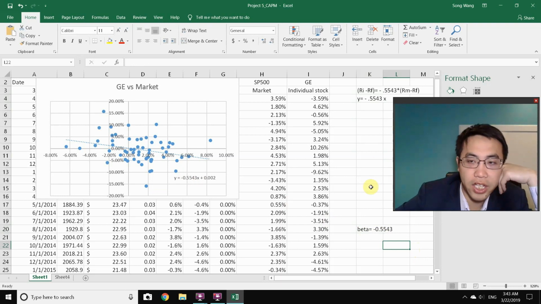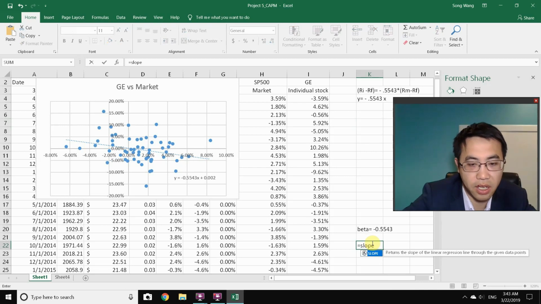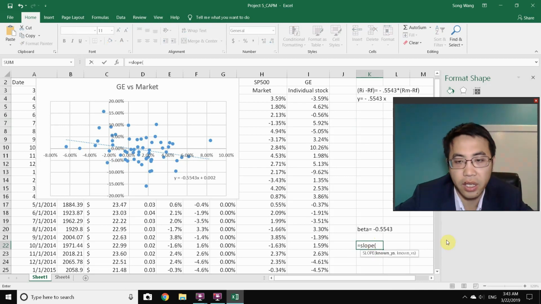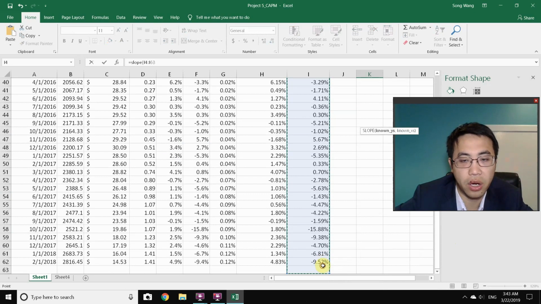Another way of finding the beta is actually much simpler. Instead of creating the whole chart, I'm going to get the slope. All right, so I just use the slope function of Excel, and this slope function asks me about the y's. The y values would be the individual stock excess return.